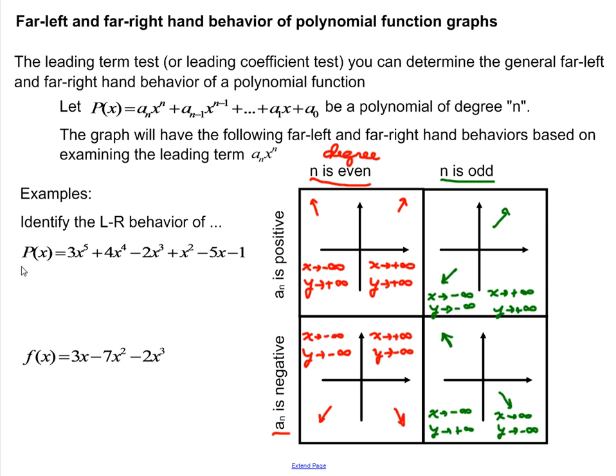Let's consider the function p of x equals 3x to the fifth plus 4x to the fourth minus 2x cubed plus x squared minus 5x minus 1. What behavior can we expect? Well, we've got a positive leading coefficient, and the degree is five, so it's an odd degree.